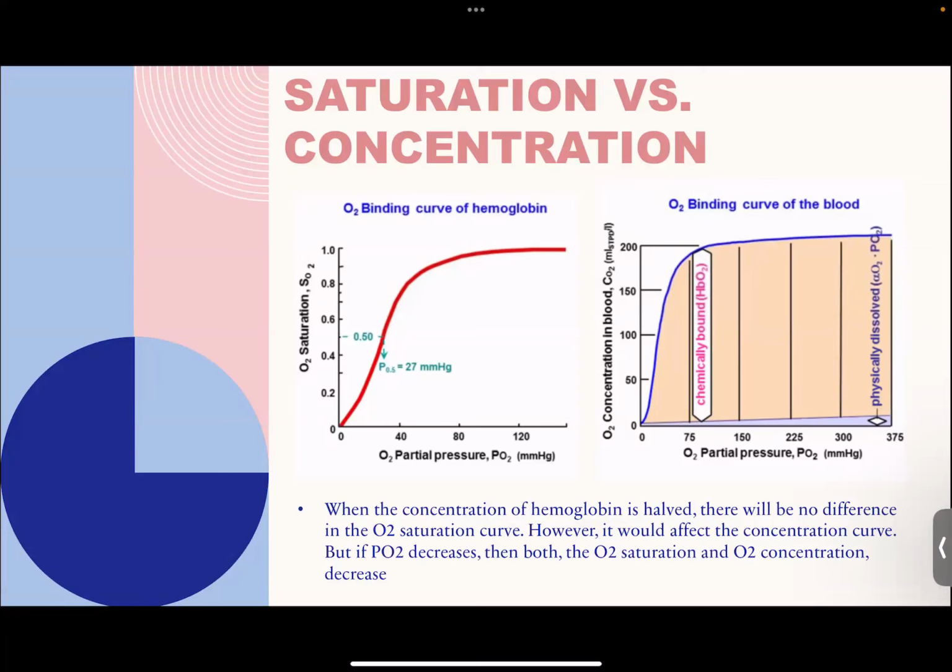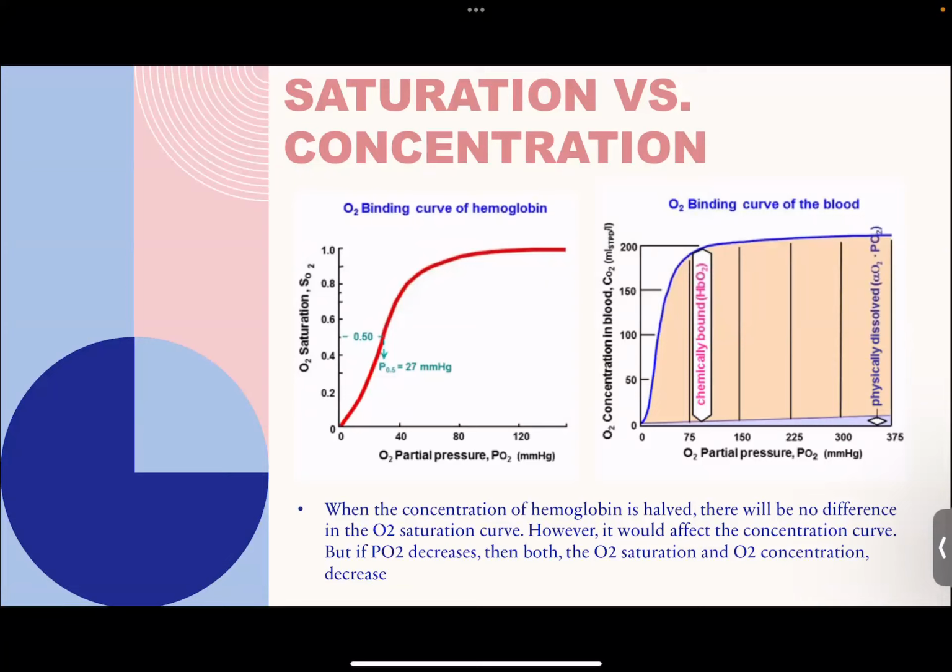Okay. So let's say, for example, hemoglobin is halved. If the concentration of hemoglobin is halved, what's going to happen? It's not going to affect the saturation curve because even if there's half hemoglobin, the ability of hemoglobin to bind at certain pressures is going to be the same. So at 27 millimeters of mercury, we're still going to bind 50% of hemoglobin.